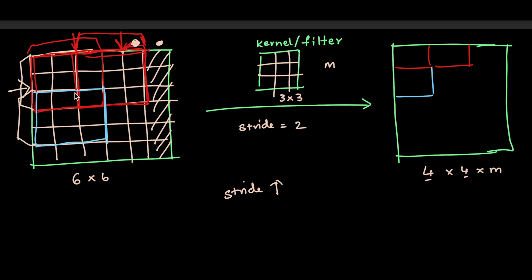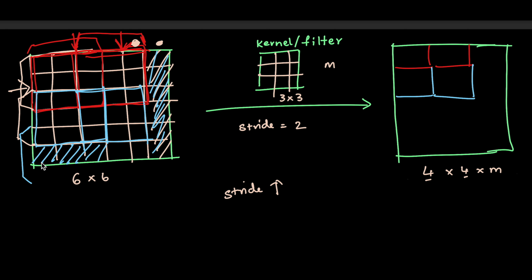And similarly, after that, again, we'll be moving by 2 columns and again start from here and we'll apply the convolution operation and we'll be getting the output. So this column will not get covered and also this last row will not get covered. That is because next time you need to start over here, but from here, if you see, 3 rows are not available. That is the reason you will not be able to apply the convolution operation, and the output shape that you will be getting will be simply 2 cross 2 cross m.